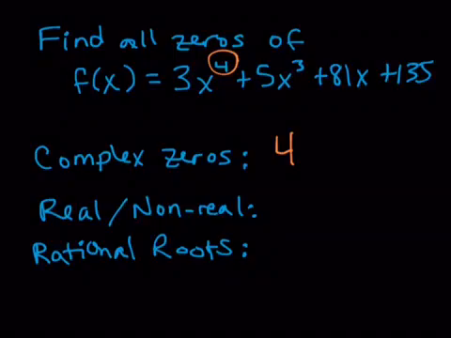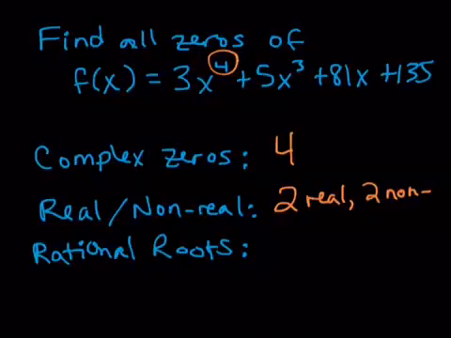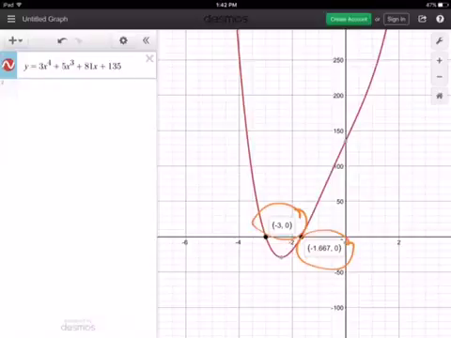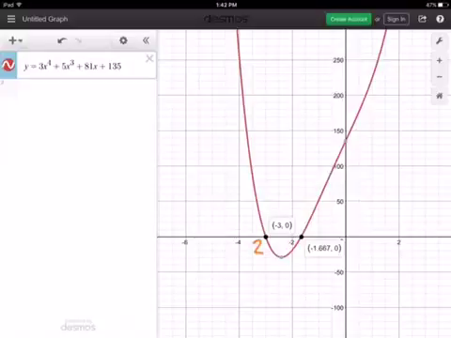Okay, so I know that there are at least 2 real zeros, and in that case there would then be 2 non-real since we have 4 complex altogether. Now, are there any other options? We need to think about if these roots could have a multiplicity other than 1. Well, I can see that the graph is crossing at each of them, so I know that it's not a multiplicity of like 2 and 2.